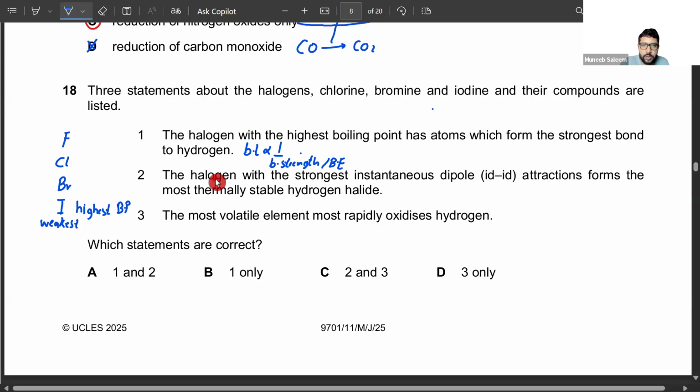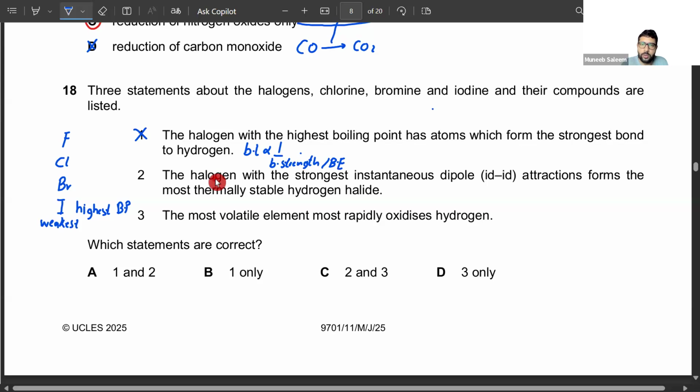So iodine makes the weakest bond with hydrogen. So statement one becomes wrong. Second statement: the halogen with the strongest instantaneous dipole induced dipole interaction forms the most thermally stable hydrogen halide.